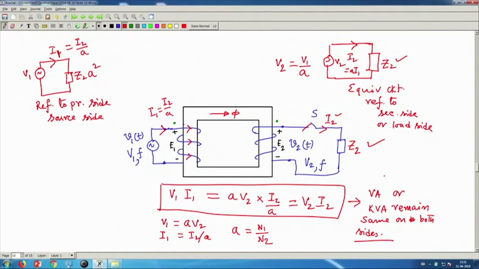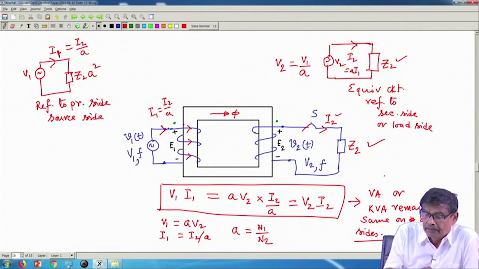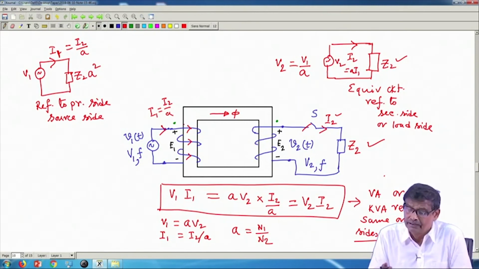A lot of simple problems to illustrate this idea can be solved now. I will do that in the next class, but try to understand the meaning of the equivalent circuit. It means that apparently there are so many things you have to draw in the actual circuit.